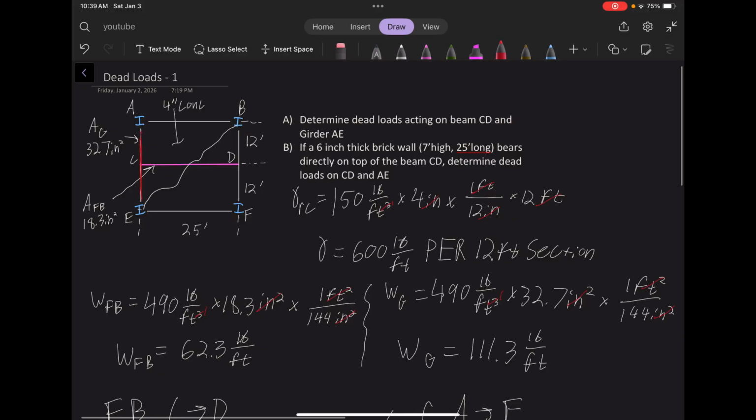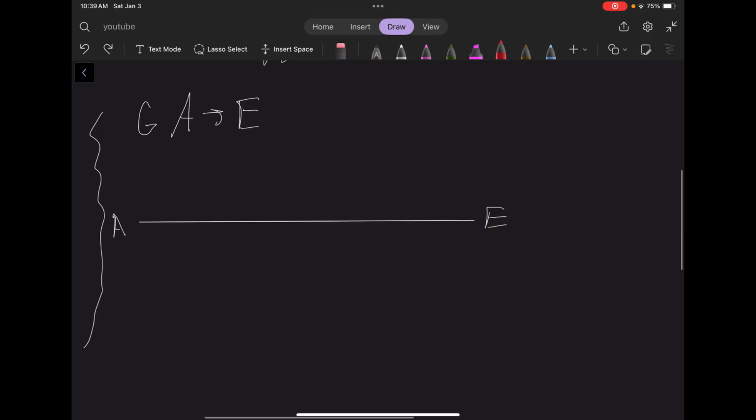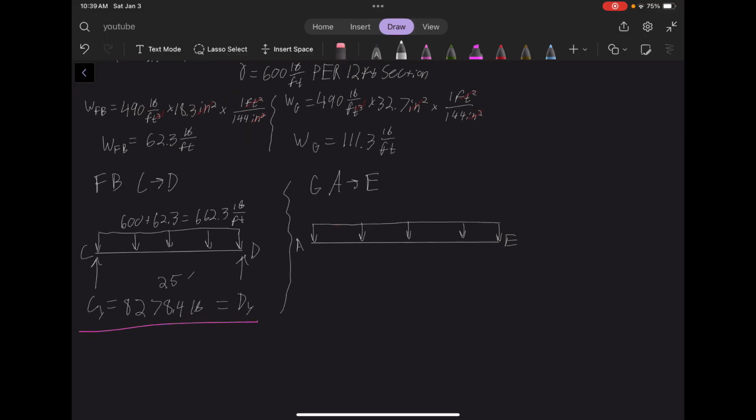That line is this line right here. Again, there's a distributed load over this whole thing from the floor beam, rather. The concrete is going to be factored in, so we don't do 600 again, because that 600 is going to be incorporated in our analysis here.